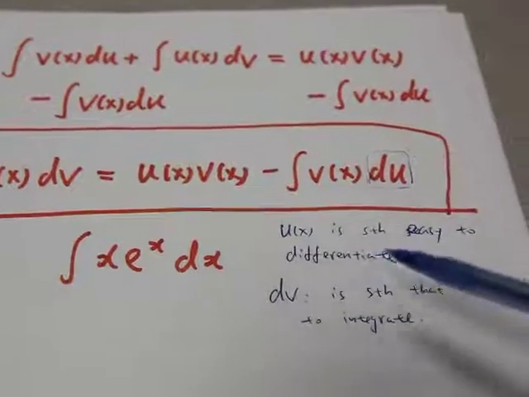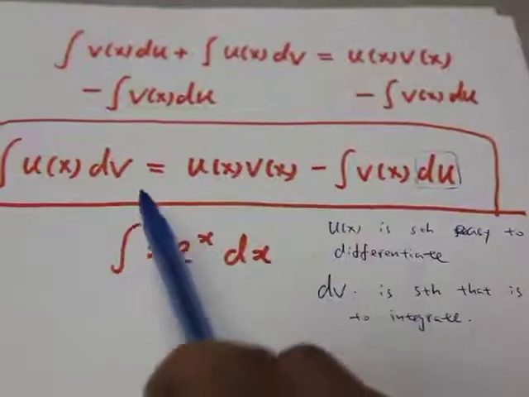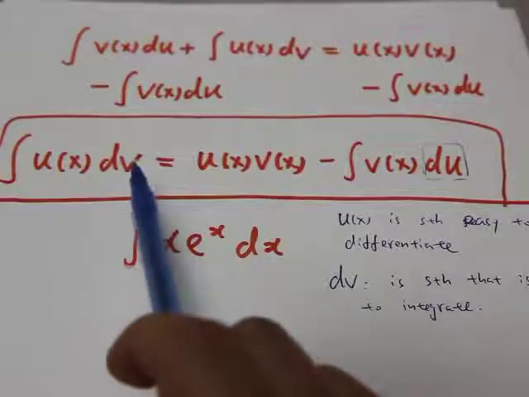So we can use this as a guideline when we are searching for u(x) and dv.